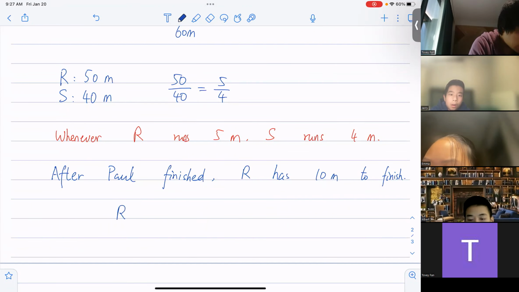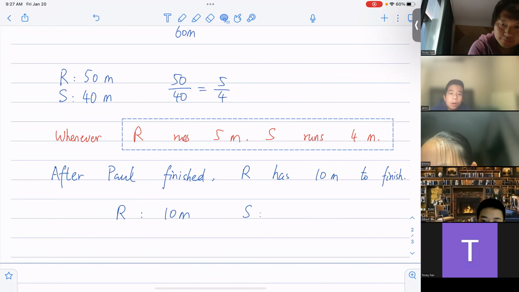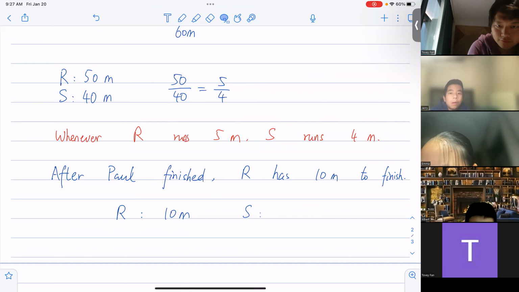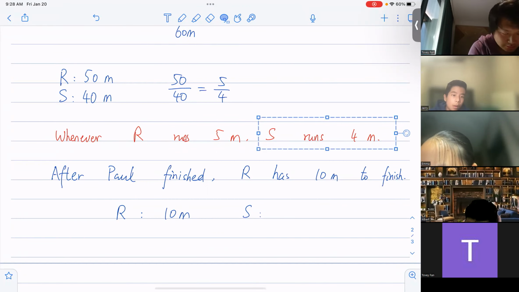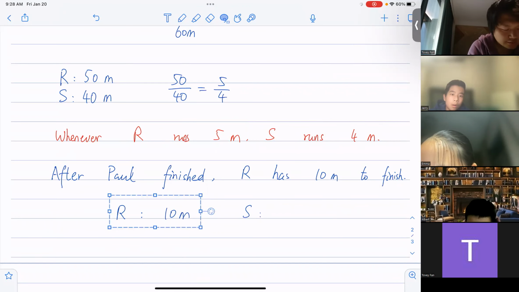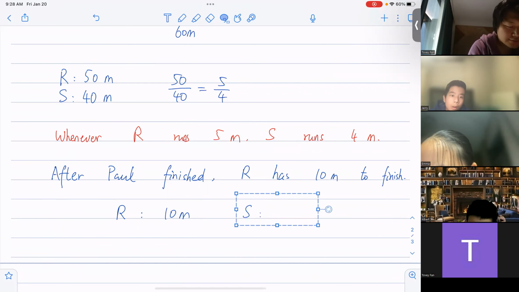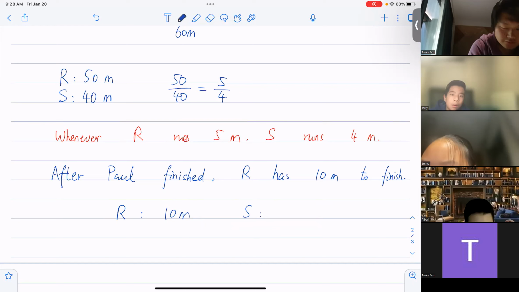If Robert runs 10 meters more, then during the same amount of time, how many meters can Sam run? Whenever Robert runs 5 meters, Sam can run 4 meters, right? So if Robert runs another 10 meters, how many meters can Sam run? 8 meters, right? Because it's 5 to 4.